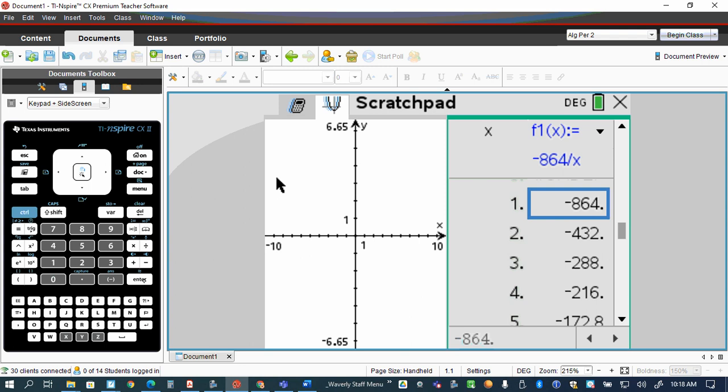Just keep scrolling until you find two that are separated by 12. Negative 24 and positive 36. They have to add to positive 12, right?